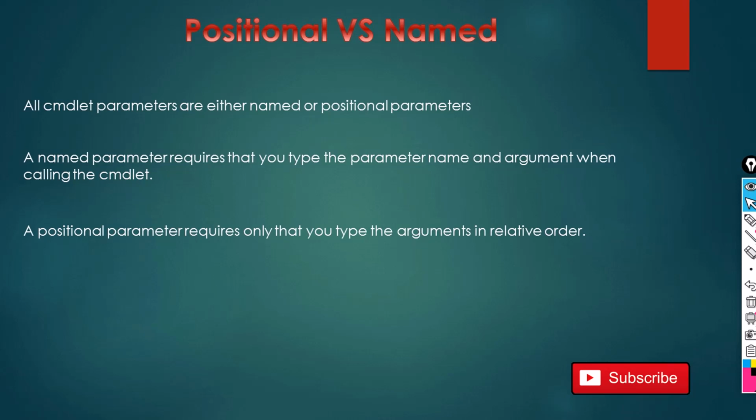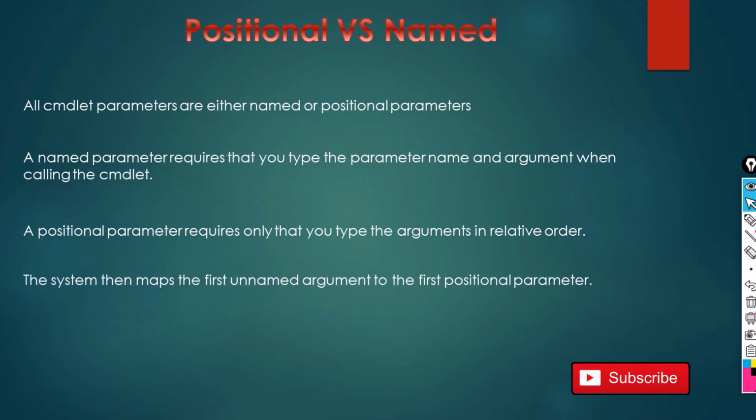A positional parameter requires only that the argument is in relative order, which means when a parameter is specified to be positional, you don't need to specify the parameter name. Instead, you can put the value in that place. PowerShell will automatically take that value and feed it to the parameter. We will see a demo of how that works.